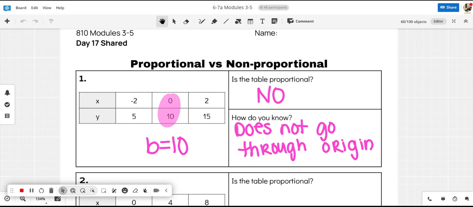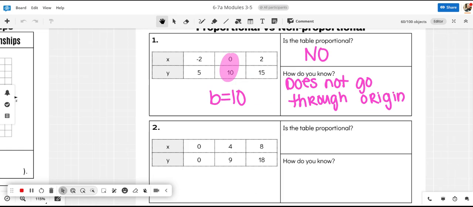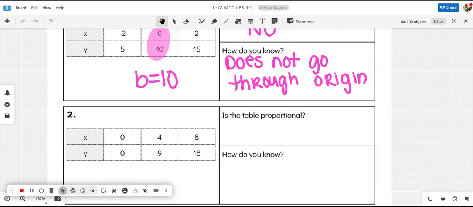Okay, moving on to number 2. Again, we are looking here, does it go through the origin? So looking at number 2, finding the x value of 0, the y value is also 0. So is it proportional? Yes.